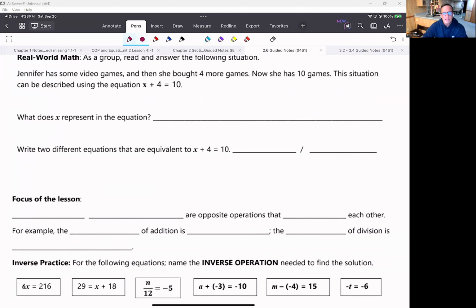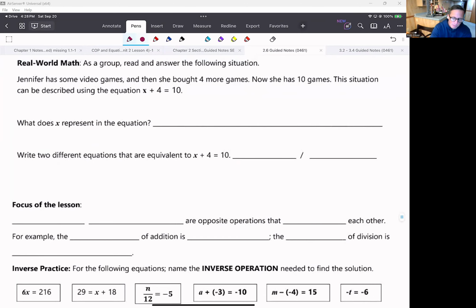It says Jennifer has some video games, which is what she had before she bought some more. So x represents the video games she already had before she made some purchases.